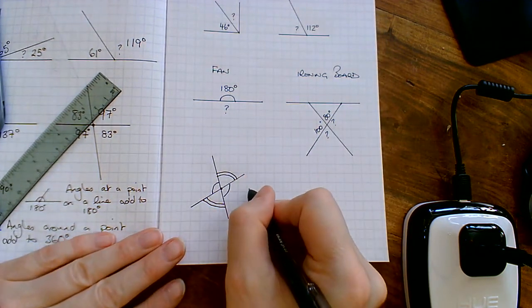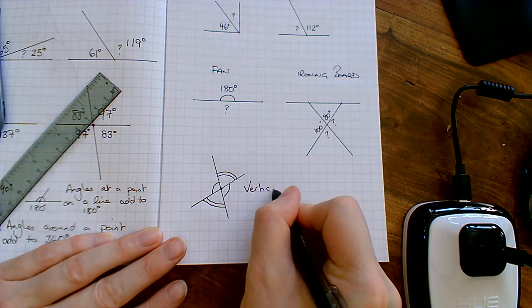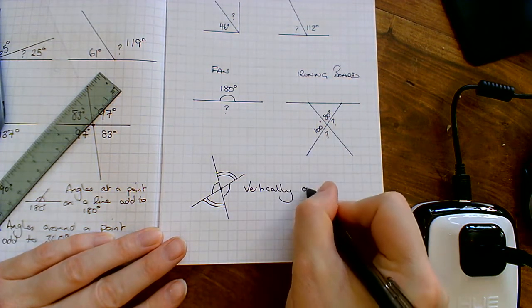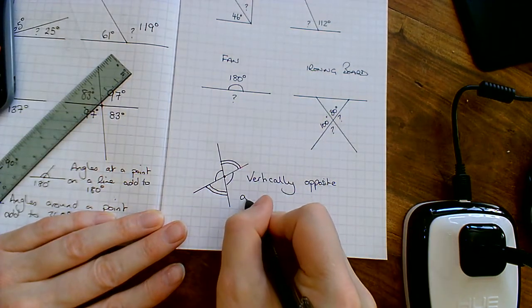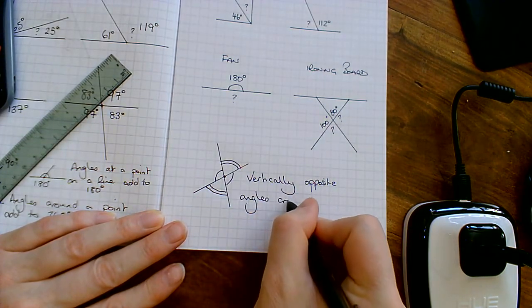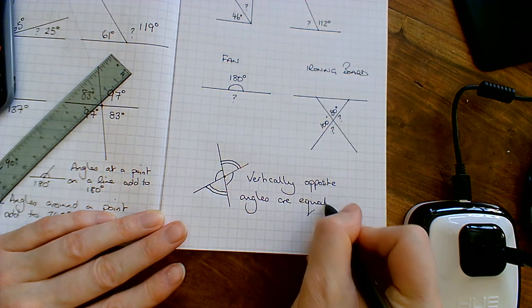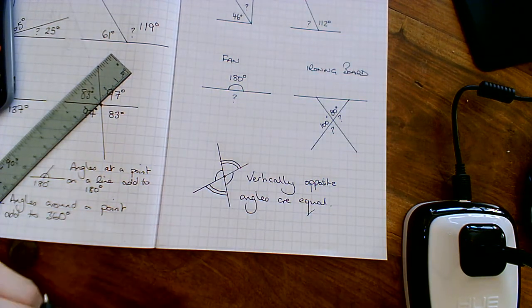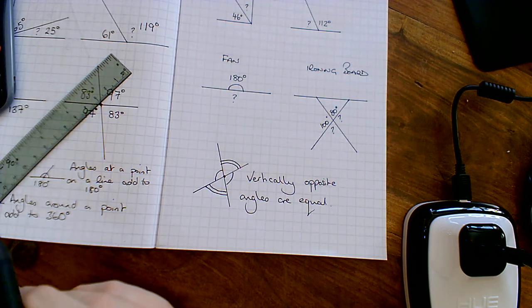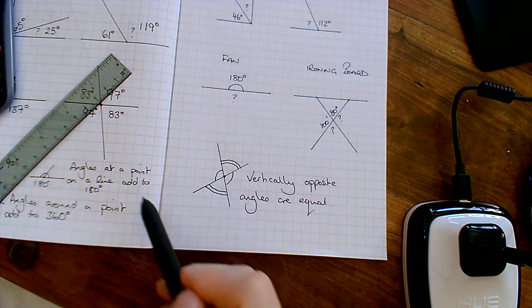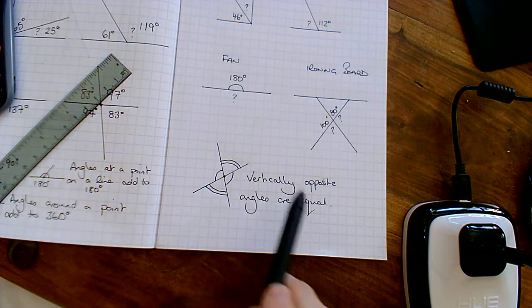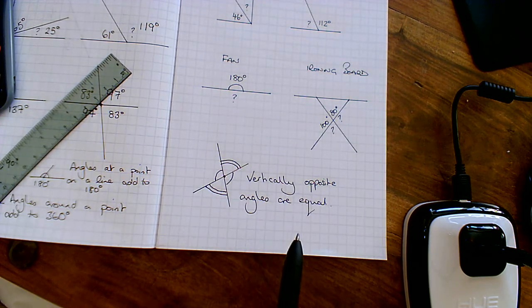And the rule is vertically opposite angles are equal. Okay. Often on these types of questions you do have to write down what the angle is and then get the bonus point for writing down the reason, and you have to write the reason pretty precisely to get the marks for that one.